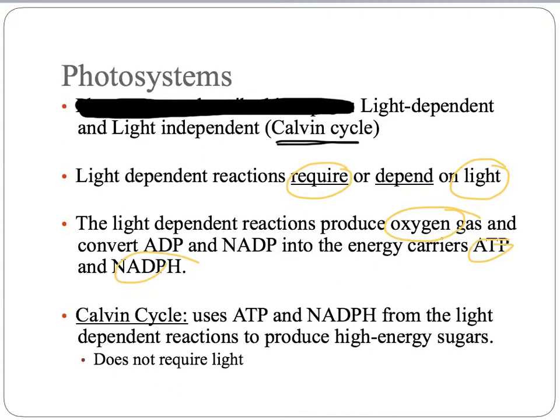In the light-independent reactions, or the Calvin cycle, it uses the charged batteries to produce the sugar, and this part does not require light, so this can happen in the dark.